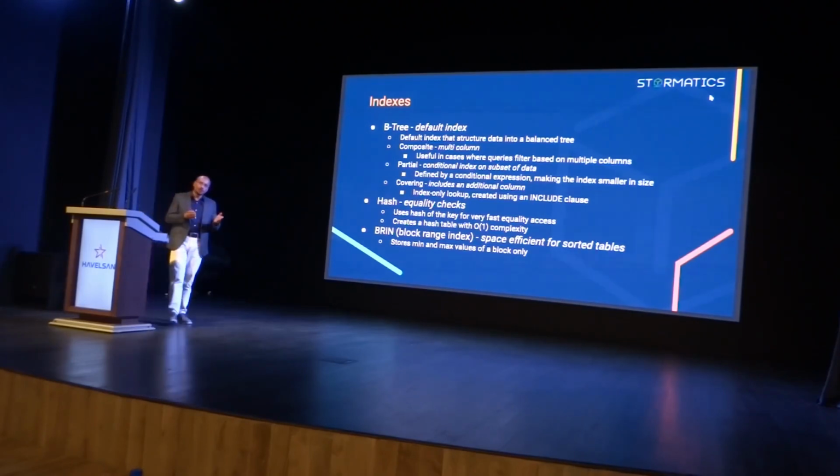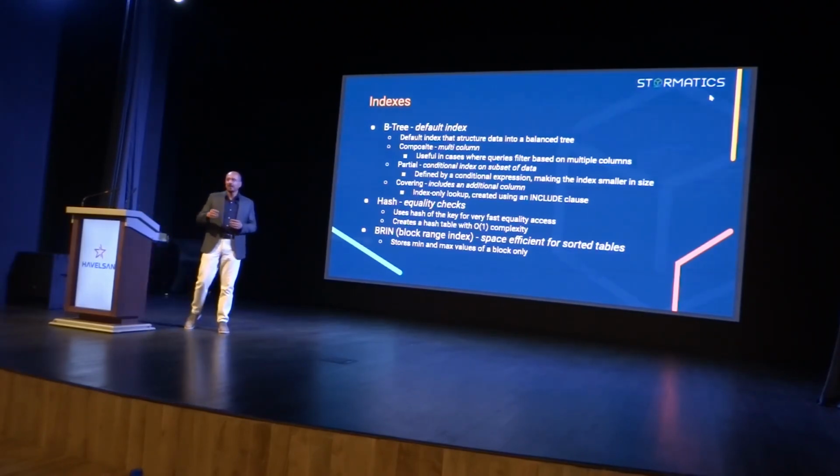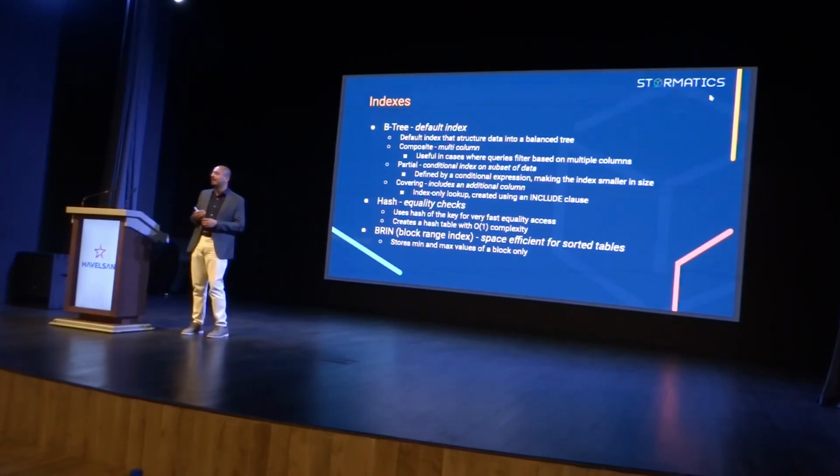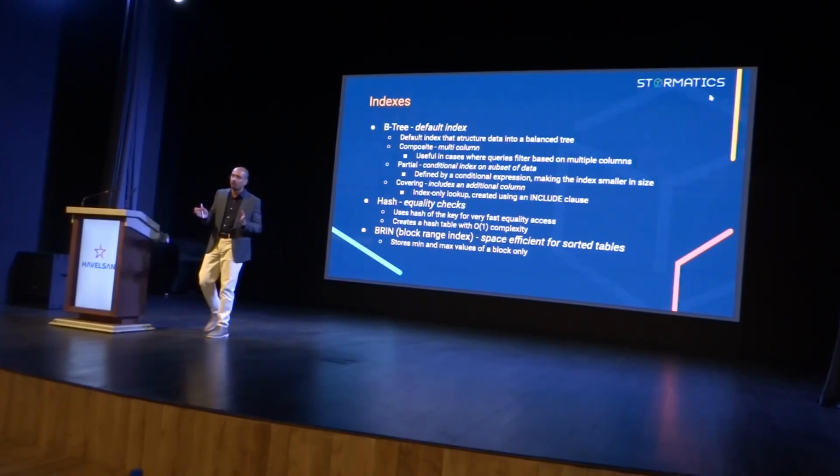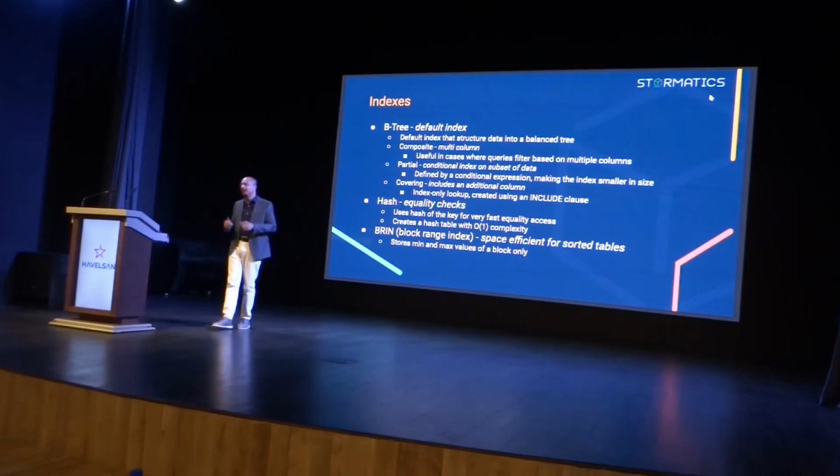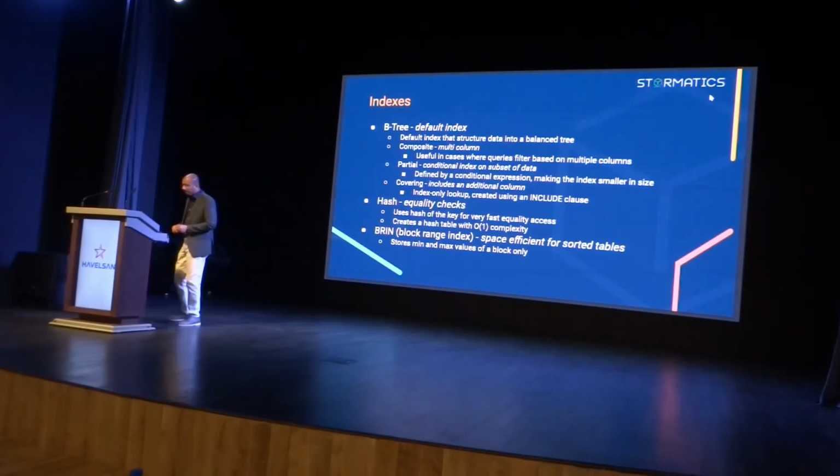If you don't use include, the indexed column is going to come up very quickly, but the rest of the data might take longer. With the covering index, you can avoid doing that.